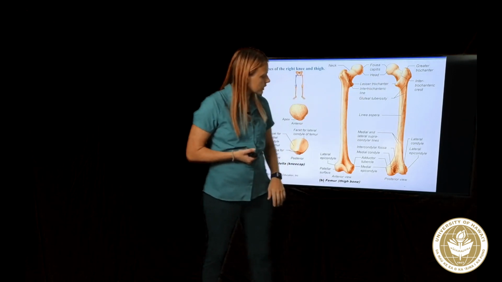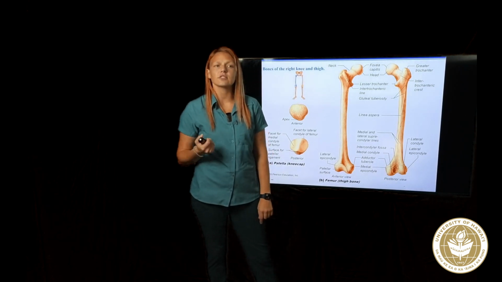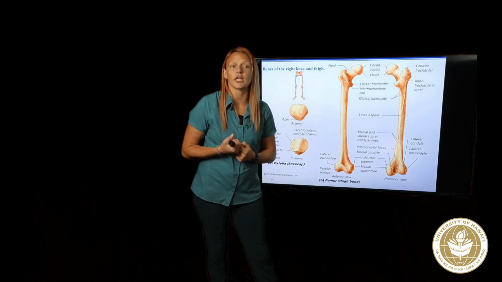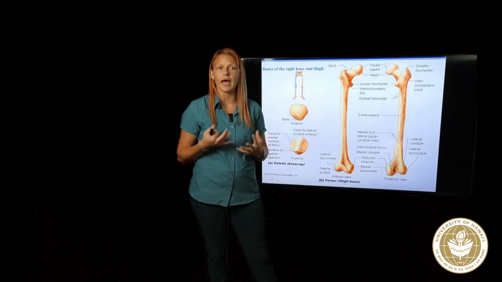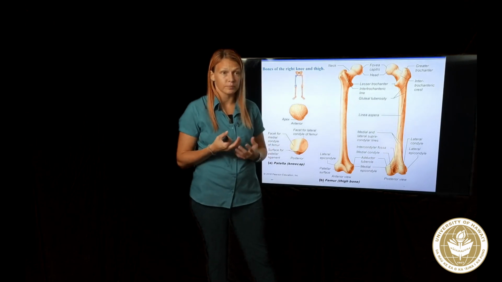And it's going to articulate distally down here with the tibia and the patella. And again, as a reminder, that patella is that kneecap region. It's that sesamoid bone in the quadricep tendon that protects the knee joint. So it's kind of your kneecap.